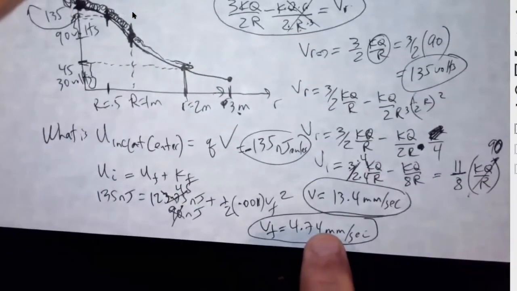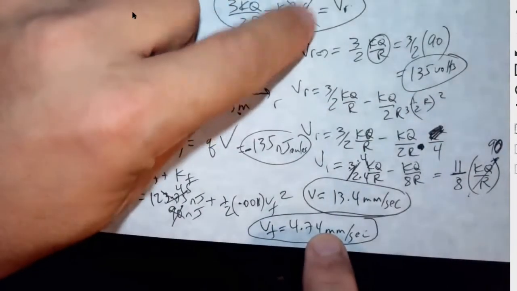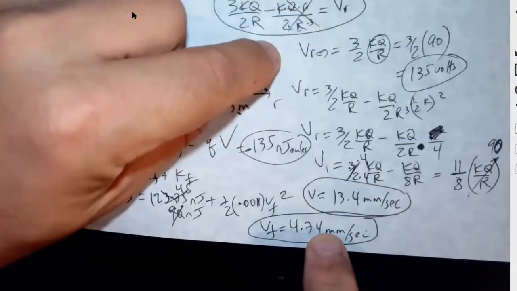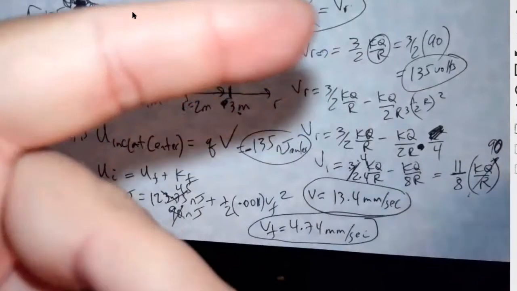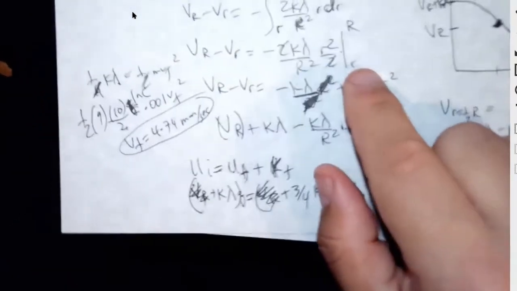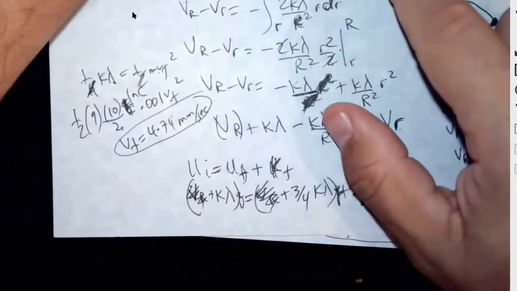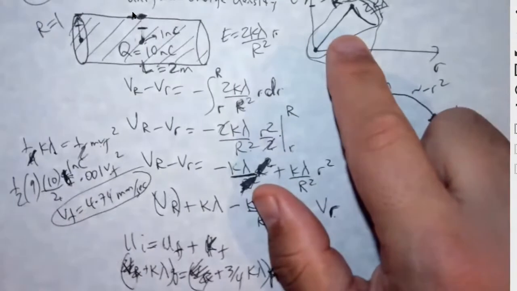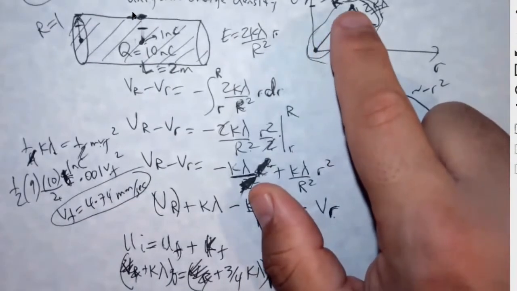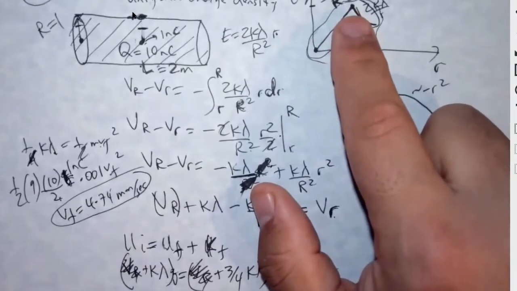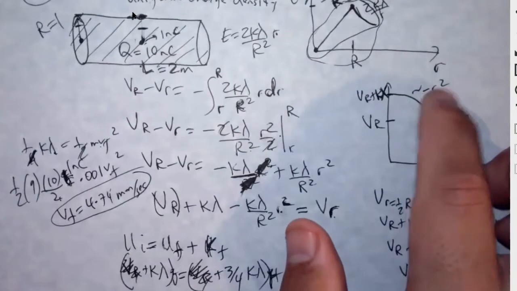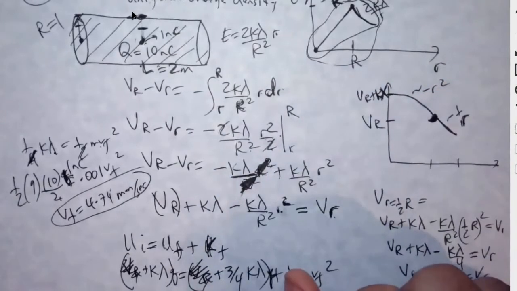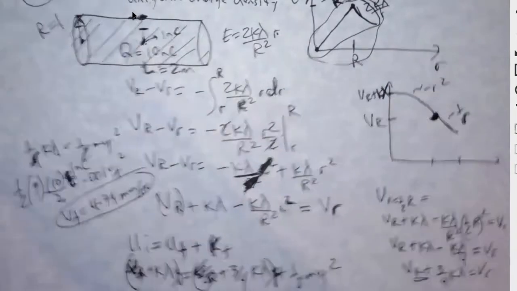Well, because they both have an electric field that is increasing linearly as a function of R. So their behavior of voltage is also similar. It's negative R squared. So yeah, it's still 4.74.